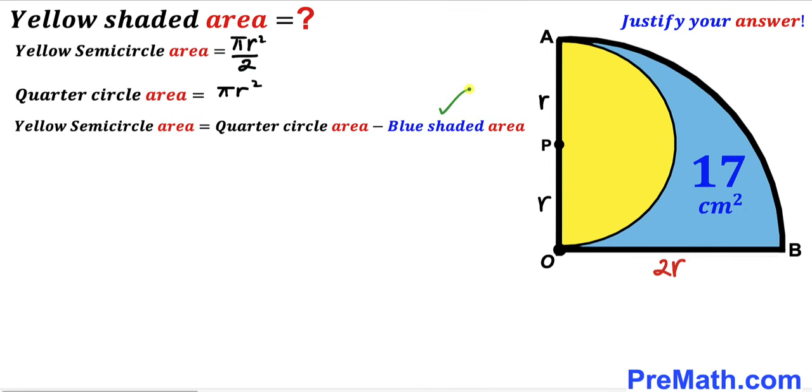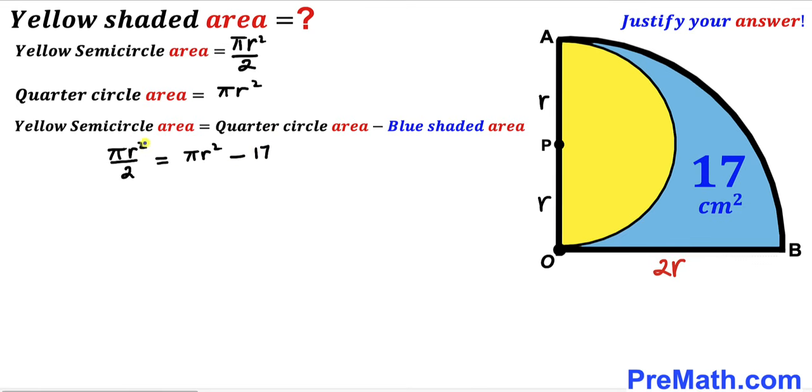Now let's recall this equation once again. The yellow semicircle area is equal to the quarter circle area minus the blue shaded region area. We already figured out the yellow semicircle area as pi r square divided by 2, the quarter circle area as pi r square, and the blue shaded region area has been given as 17. Let's fill in the blanks: pi r square divided by 2 equals pi r square minus 17.